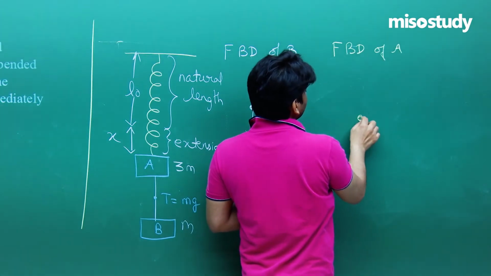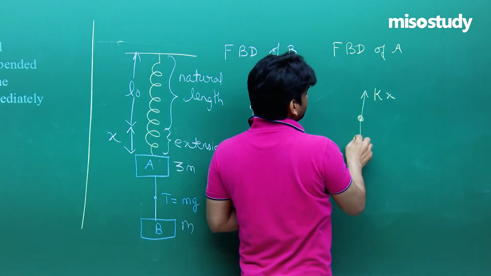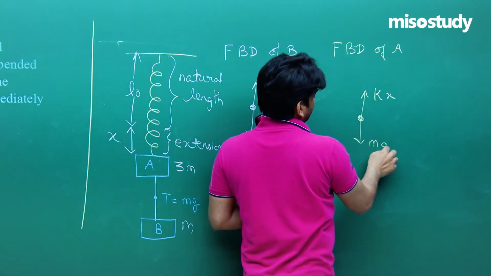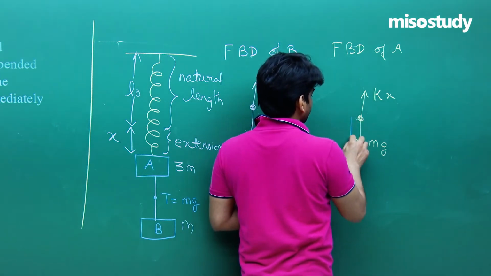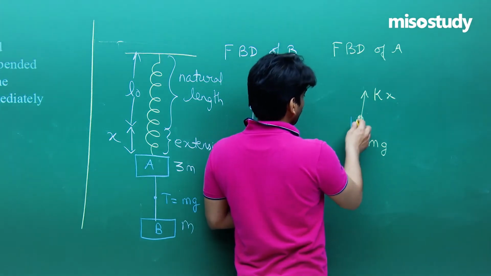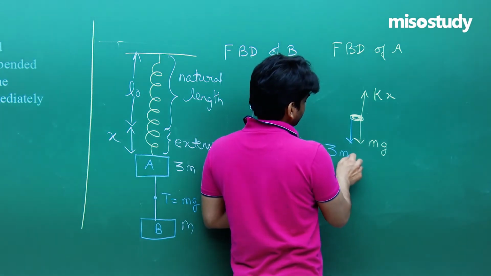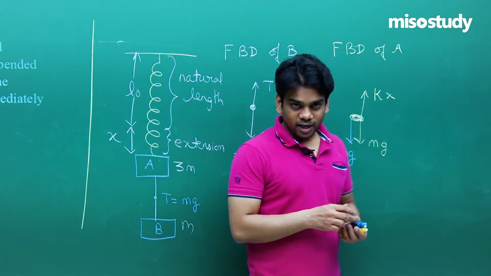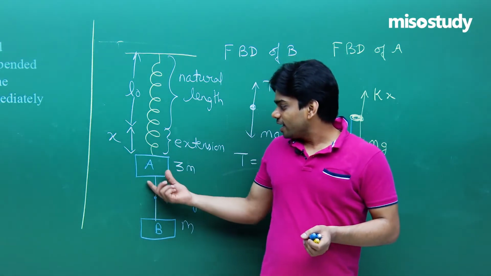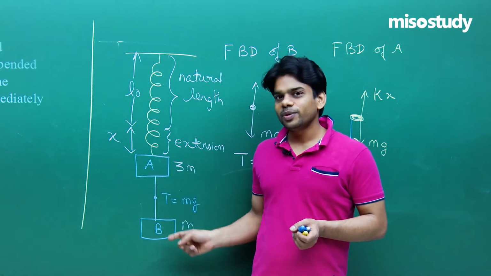If I make the FBD of A, Kx will be acting upward, and one more force, 3mg. On A, its weight 3mg will be acting downwards. Due to the tension in the string, mg will be acting downwards.